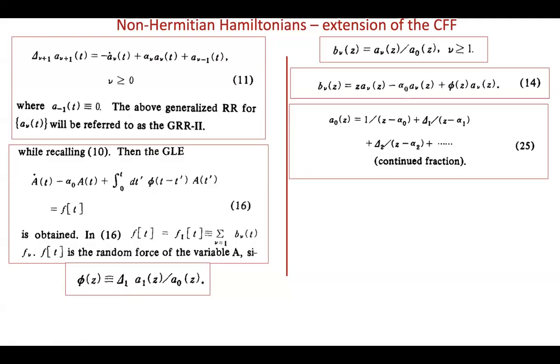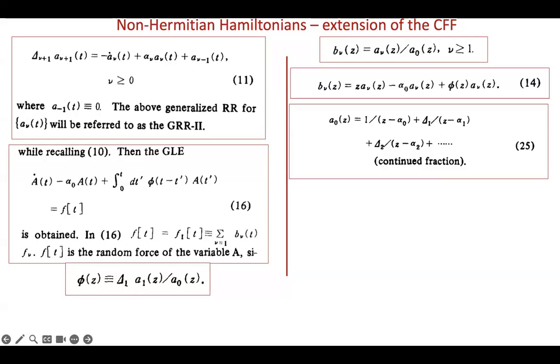Now, what, however, doesn't change. Well, it does change a little bit. This term, this alpha 0 A of t in the generalized Langevin equation now becomes a new term. See, this was not there before in the generalized Langevin equation that I had discussed.